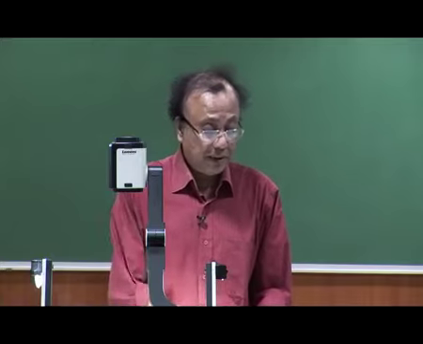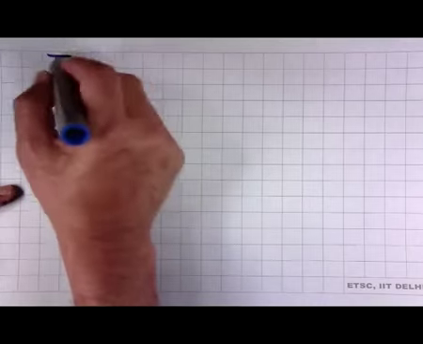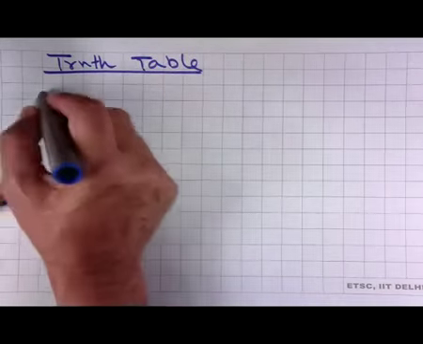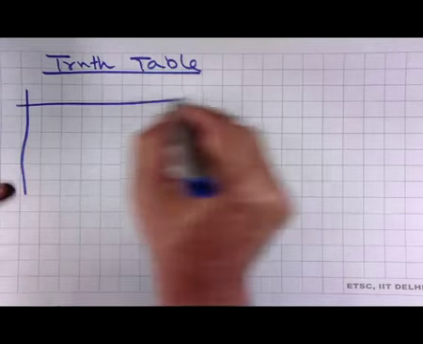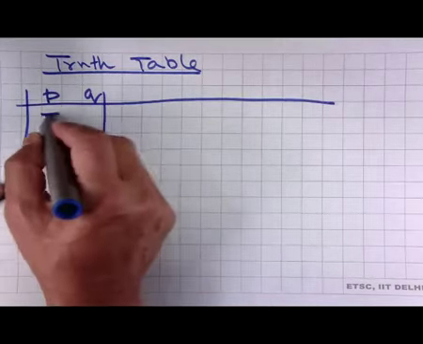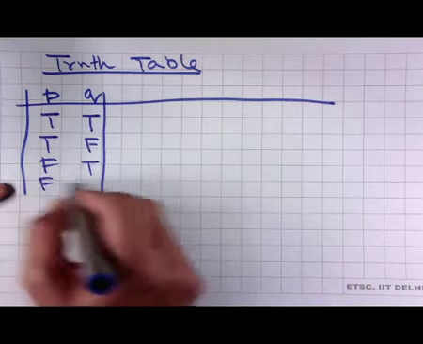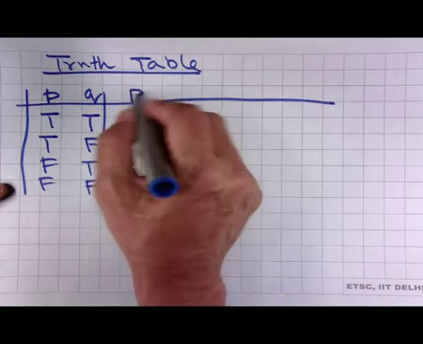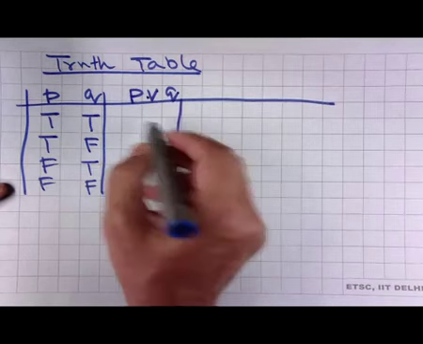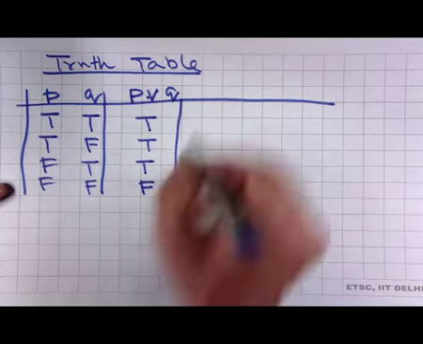Let me again construct the truth table, and you will understand it very easily. So, truth table: P, Q, true, true, true, false, false, true, false, false. P or Q, we have T, T, T, false.